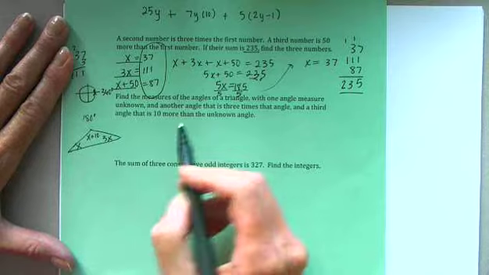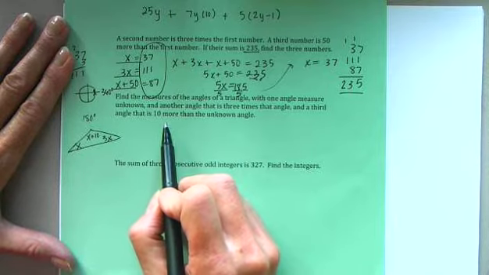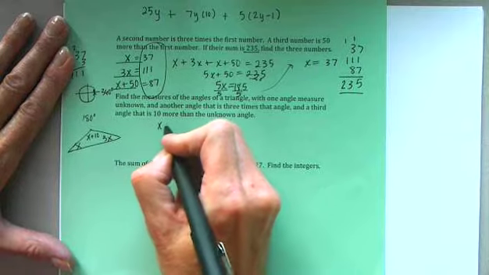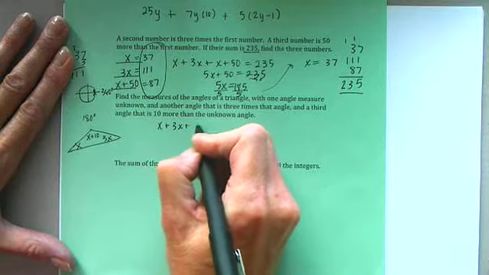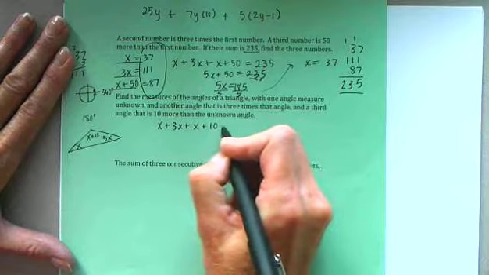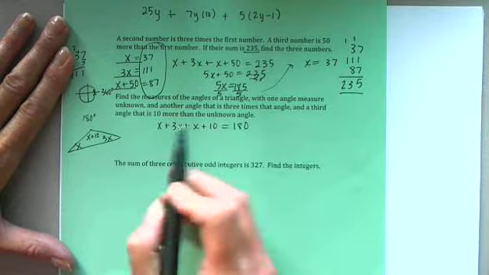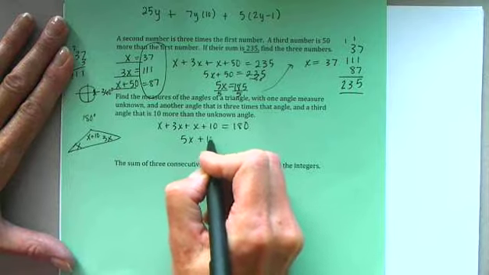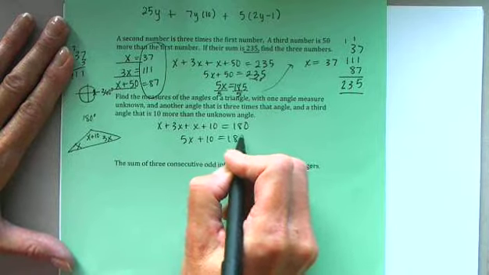But, so this tells me that if I add those 3 angles up, they should add up to 180. So I have x plus 3x plus x plus 10, 5x plus 10 equals 180.